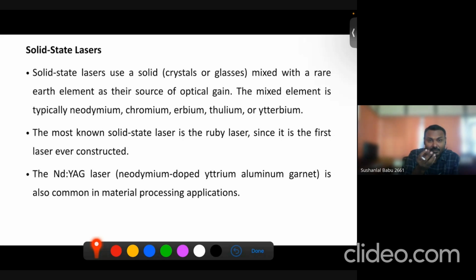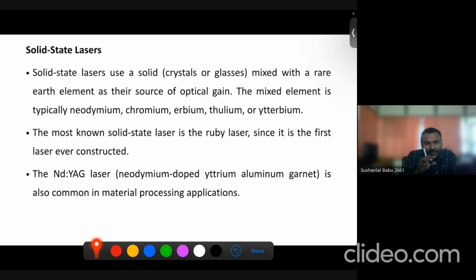Active material, I will explain in the solid state laser. Some examples are there, then you will understand. The host material in a solid state laser is made up of glass, crystals or glasses, because the pumping medium or energizing medium we are using is a light source, which can send photons that stimulate the excited electrons, and lasing action will happen.